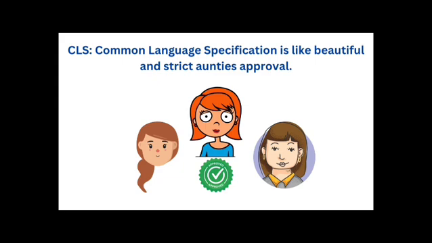We don't want any drama, so we follow them; if you don't, drama begins. Similarly, in the coding world, CLS defines a set of rules every .NET language must follow so they can interoperate.